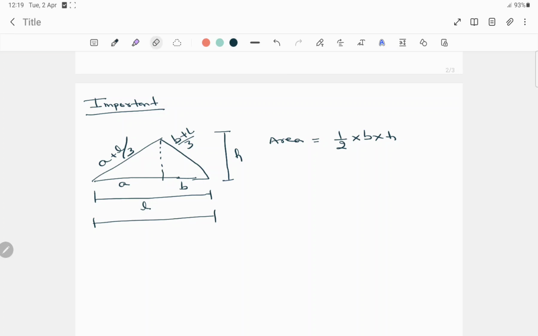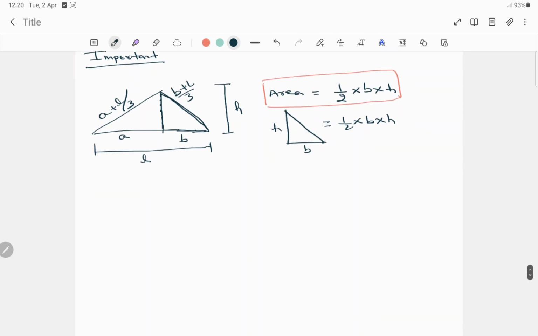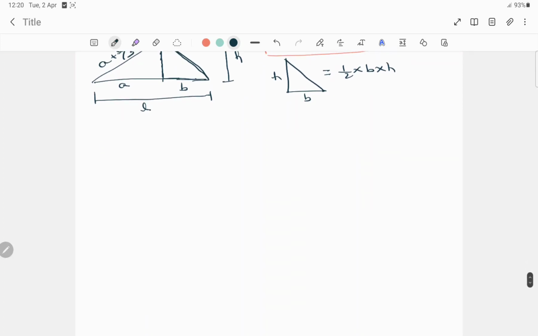Here the area is half, because we have taken this part, which is the shape of a right angle triangle. So the formula of a right angle triangle is nothing but half into base into height. Now the second case is the same.